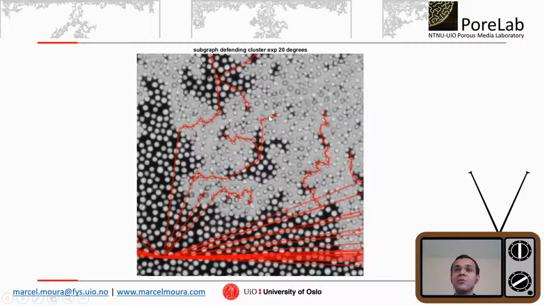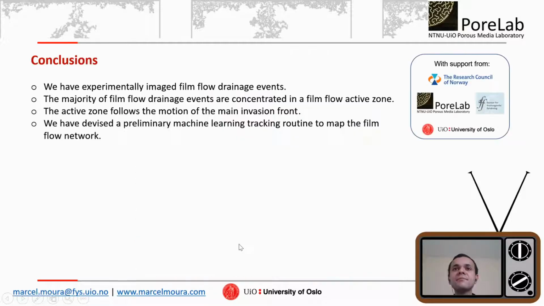And we can use, for instance, this directed graph showing there are some arrows here, and then you can show the direction of the flow that connects any of these pores and these isolated trapped clusters via the film flow network through the main drainage body.